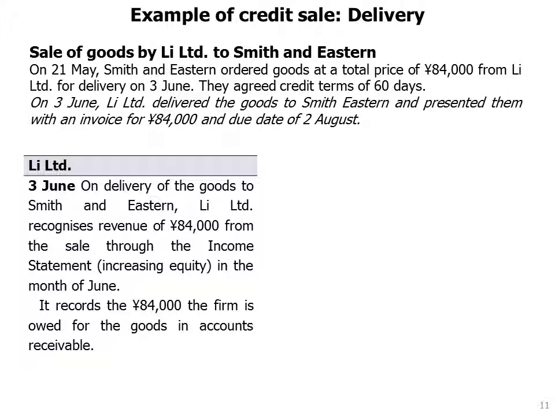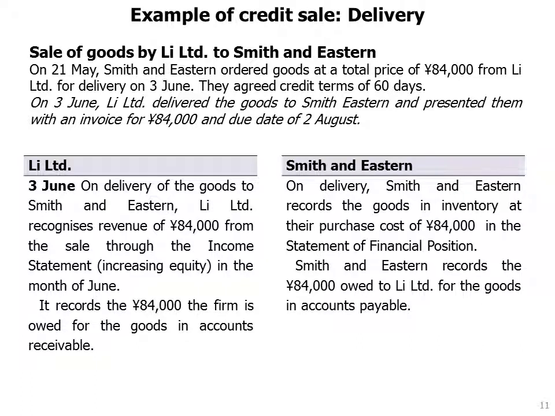It records the 84,000 the firm is owed for the goods in accounts receivable. On the same day, Smith & Easton, on delivery, will record the goods in inventory at their purchase cost of 84,000 yuan in the statement of financial position, and they will also record the same amount, 84,000 yuan, owed to Lee Limited for the goods in accounts payable.